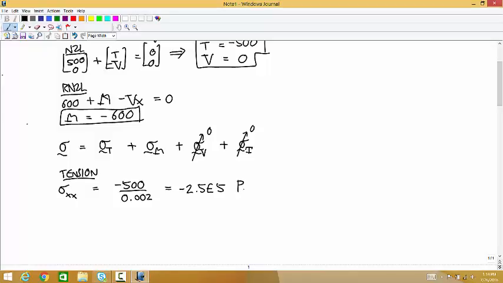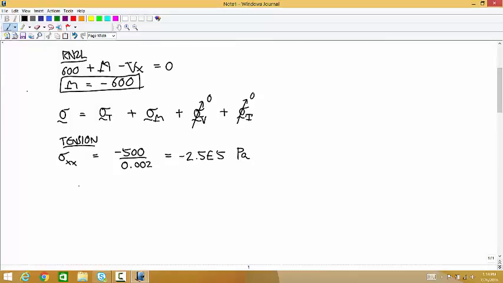Yeah. And then the bending moment. Okay, so we have a stress due to tension that's equal to negative 2.5 times 10 to the 5, 0, 0, 0, 0, 0.